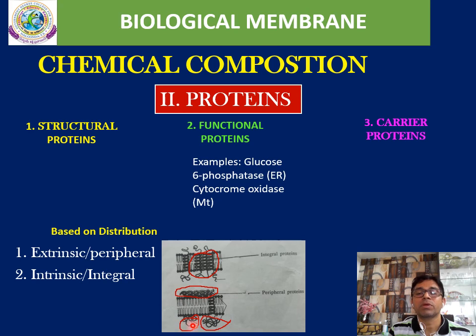When it comes to intrinsic proteins, they are firmly attached and intermingled with the bilipid layer. Here you can see in this picture very clearly this dark black part is an intrinsic or integral protein, which is intermingled with the bilipid layer.